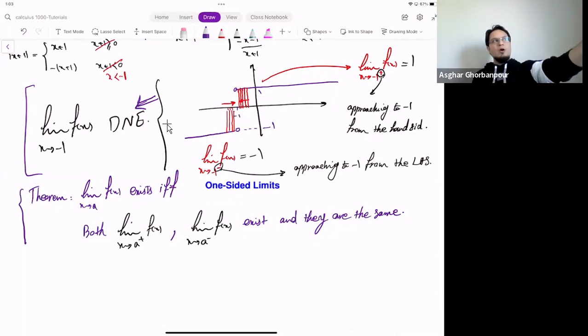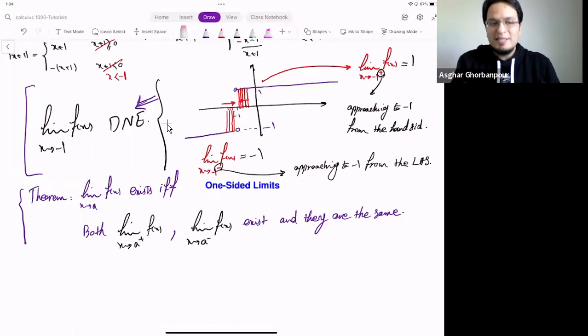This is a very important tool for us, because if we know how to find one-sided limits, we can find the limit of a function as x approaches a from the right and from the left separately. Sometimes those are easier to compute, and then we compare the values. If the values are equal, then the limit exists and is equal to that number.